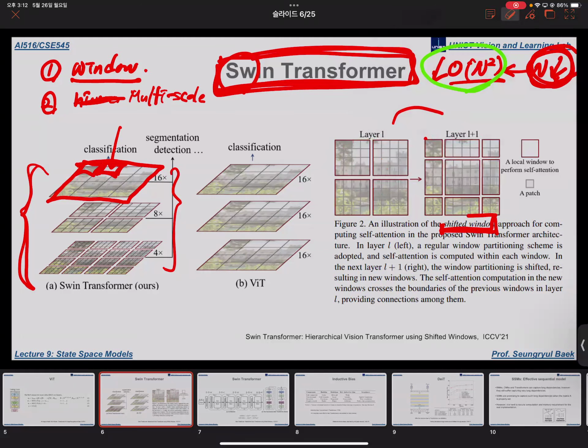This is trivial but effective. So they are actually shifting this window maybe by 2 pixels, and now the windows look like this. Okay, so actually that is this. Okay, so this is the shifted window scheme.